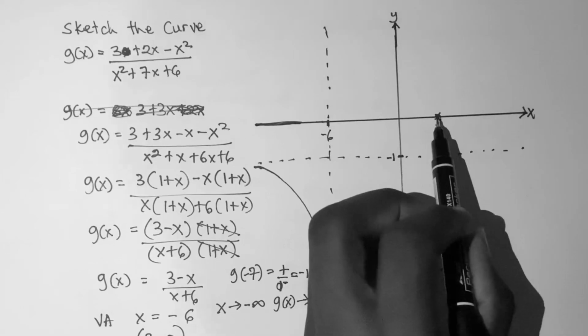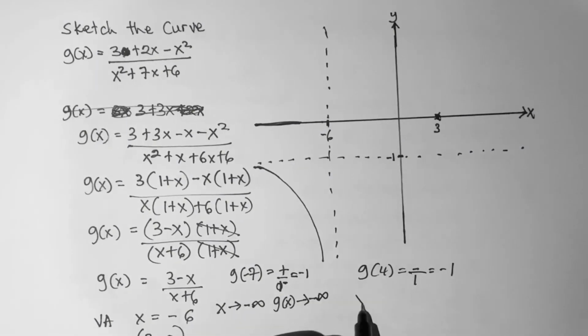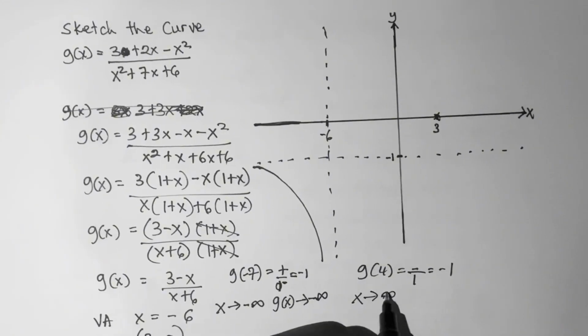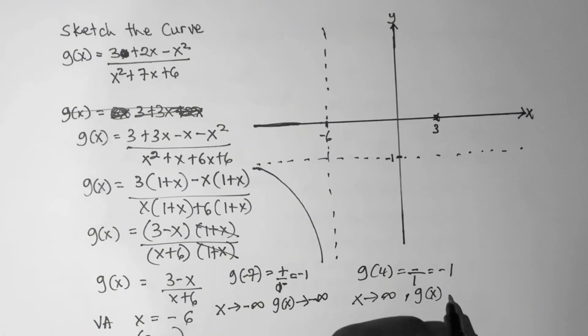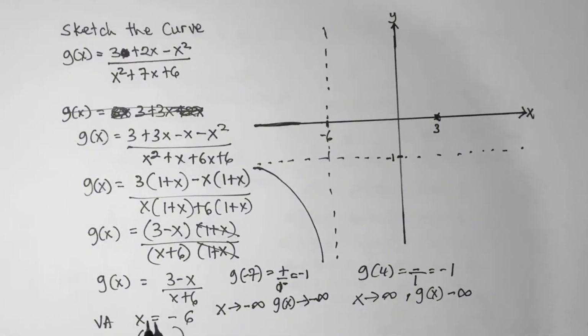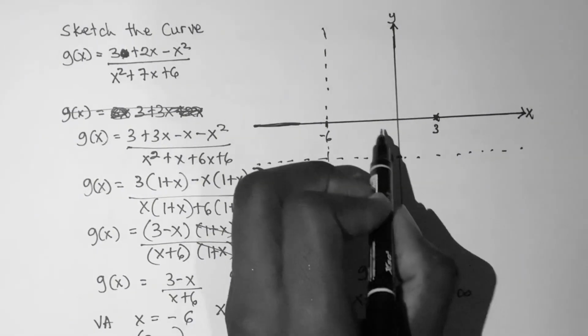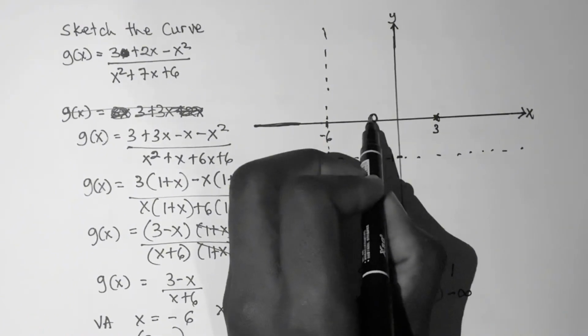So for the region that is as x approaches infinity, g of x approaches minus infinity. Nonetheless, remember that we said that there is a hole in this graph at x equals minus 1. So assuming here is minus 1, there is a hole in this graph at this point.